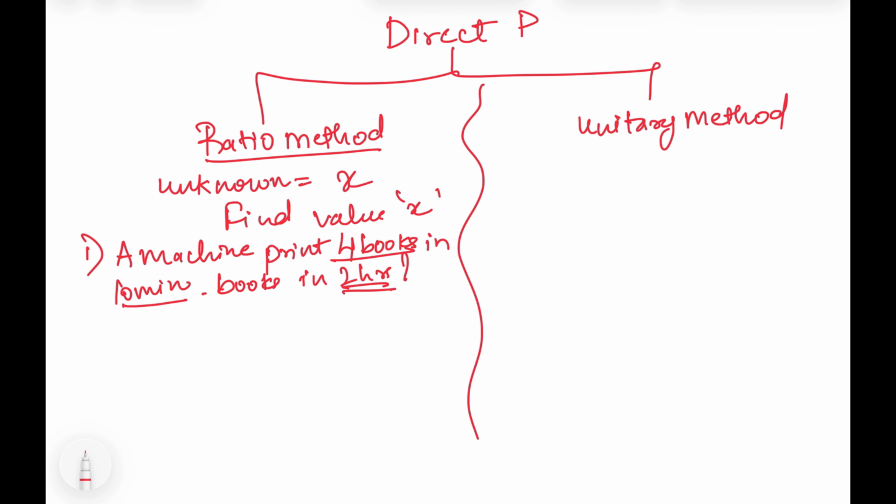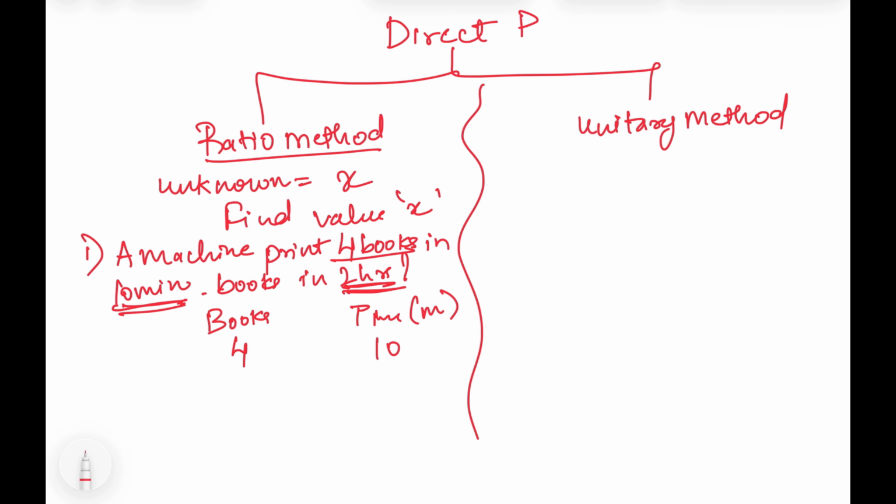So for that, first just know what the two quantities are. The first quantity is books and the other is time, right? We take time in minutes because here we have minutes, and we can convert the hours into minutes. So they are telling 4 books in 10 minutes.